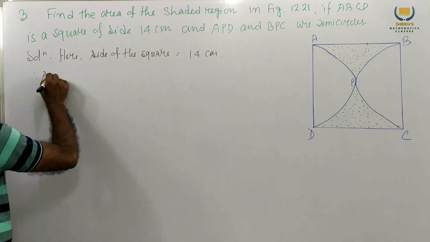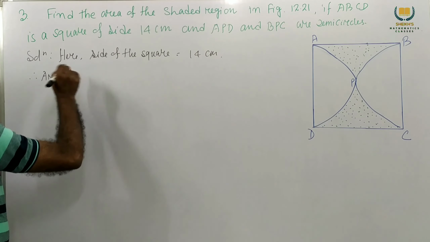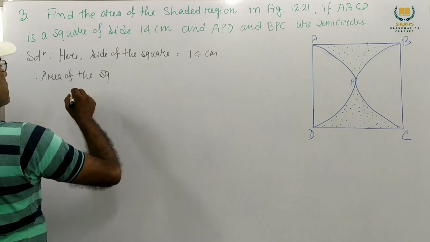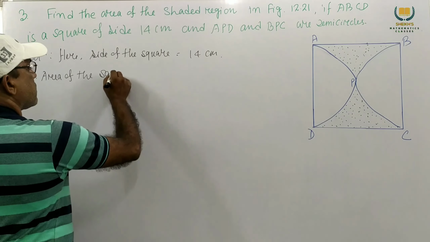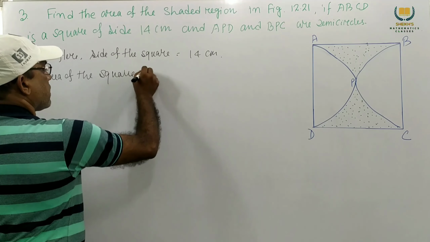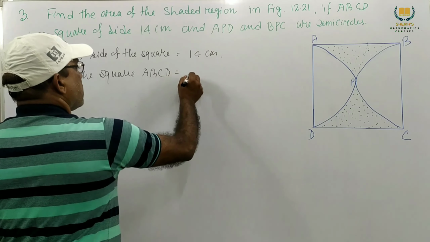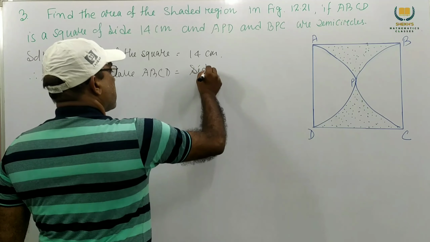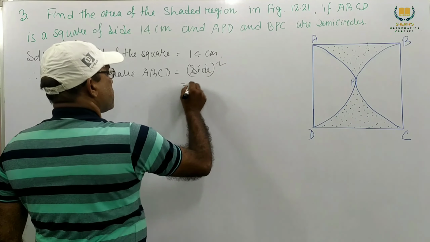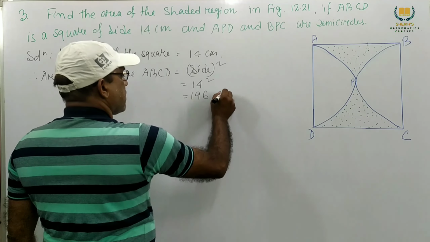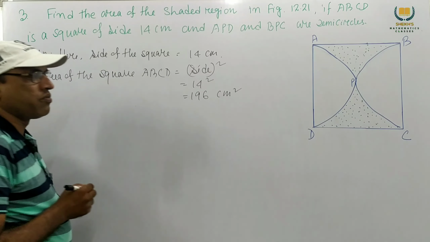Therefore the area of the square ABCD is equal to side square, we know. Side square means 14 square. This is 196 centimeter square. This is the area of the square.